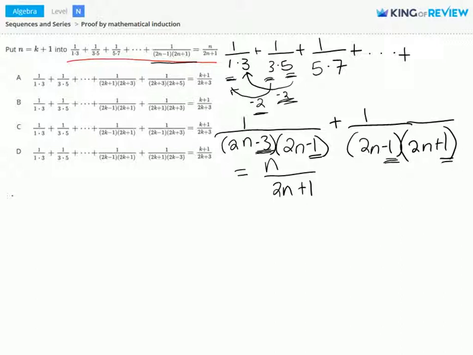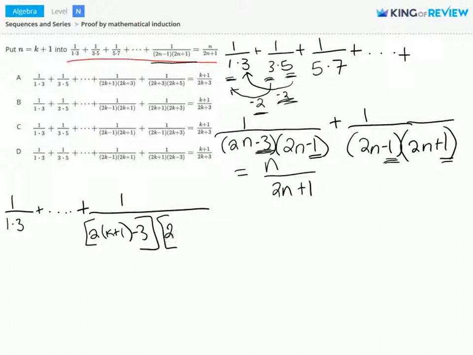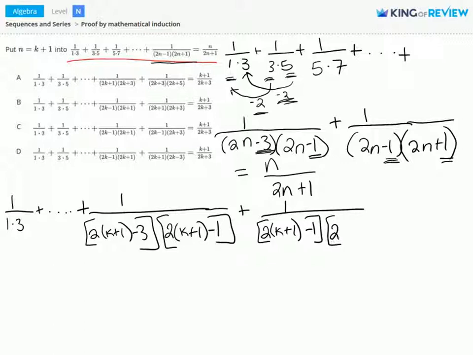So we'll rewrite our sequence here, 1 over 1 times 3, and this keeps going, and then we finally get to 1 over 2 times n, but instead of n, we're writing k plus 1, minus 3, times 2n minus 1, but instead of an n, we have k plus 1 minus 1, plus 1 over 2n minus 1, and instead of the n, we're writing a k plus 1 minus 1, times 2n plus 1, and this is equal to n over 2n plus 1.